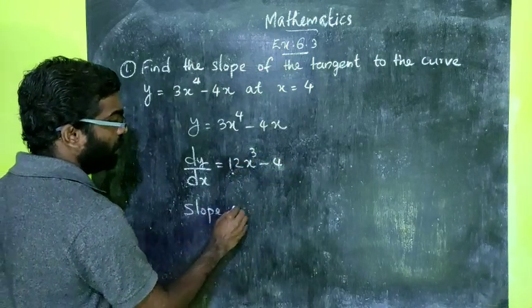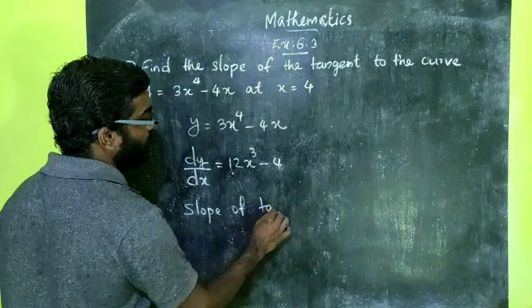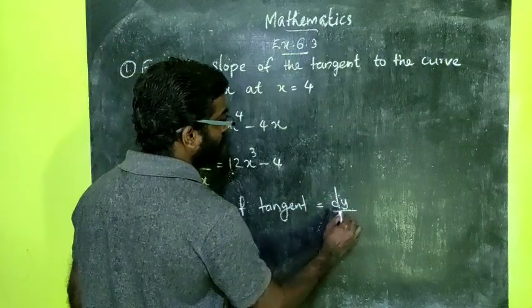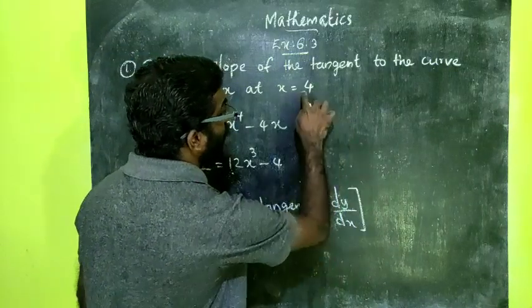And slope of the tangent is equal to dy by dx. Here the point is x equal to 4.